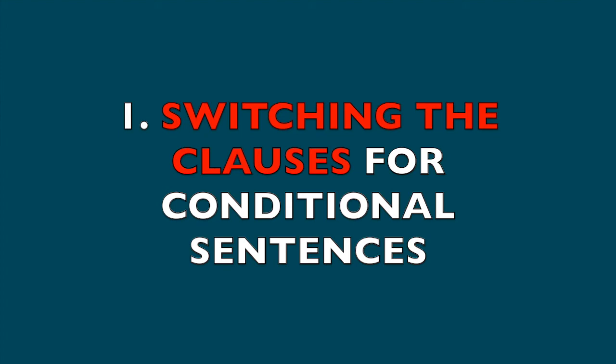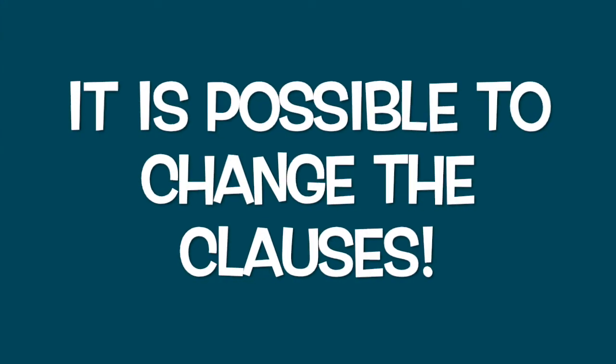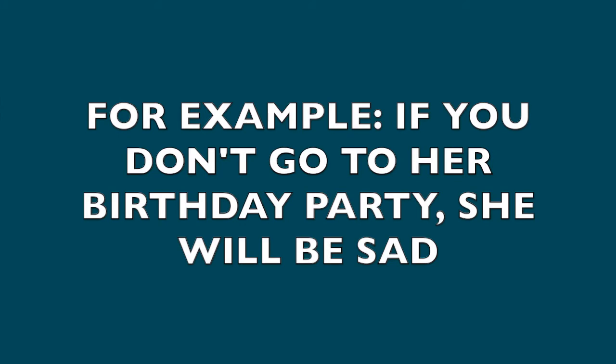The first one will be about switching the clauses for conditional sentences. Normally, conditional sentences may appear like this: if plus simple present followed with simple future. Now this is the structure for the first conditional. However, it's possible to switch the clauses. For example, if you don't go to her birthday party, she will be sad.